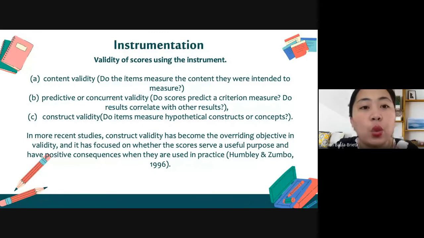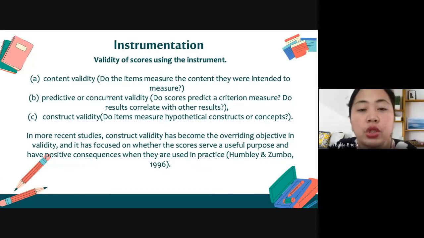The second one is predictive or concurrent validity. The question on this is, do scores predict a criterion measure? The scores that the respondents will give you can well represent your variable that is being measured in the statement of the problem or in the conceptual framework.